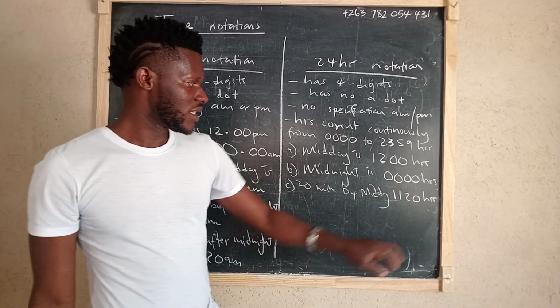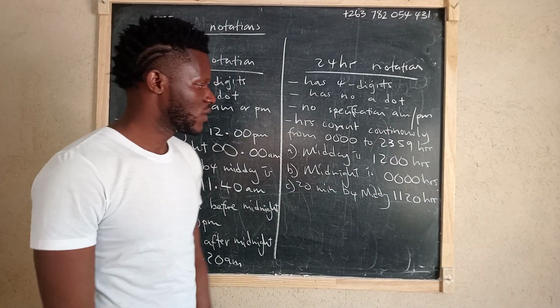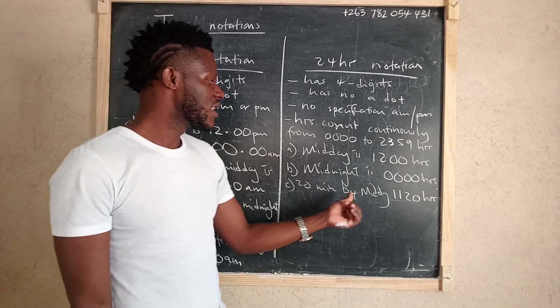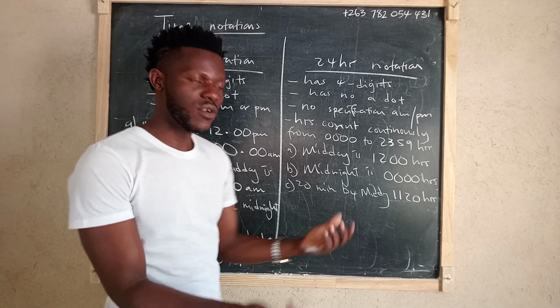In the 24-hour notation, we do not put a dot or specification AM or PM. We simply write down hours. Meaning to say, if it was on Monday, now Monday is 11 hours 40 minutes old.